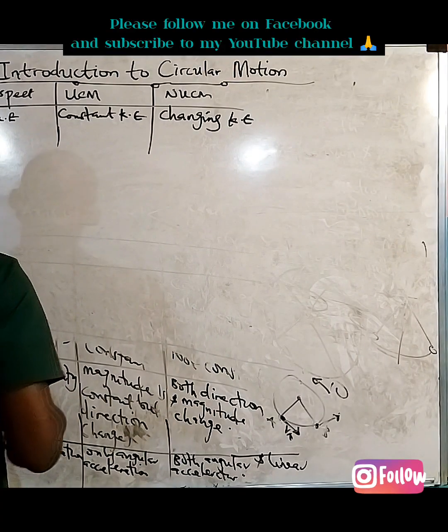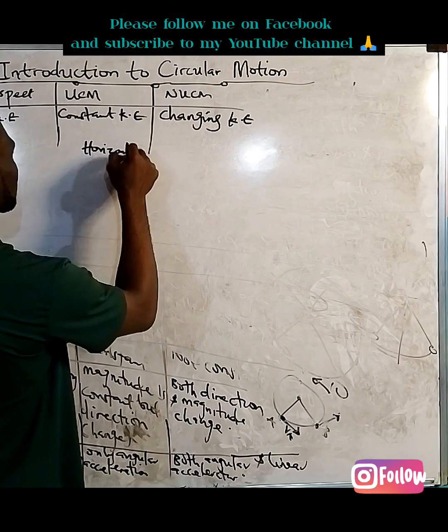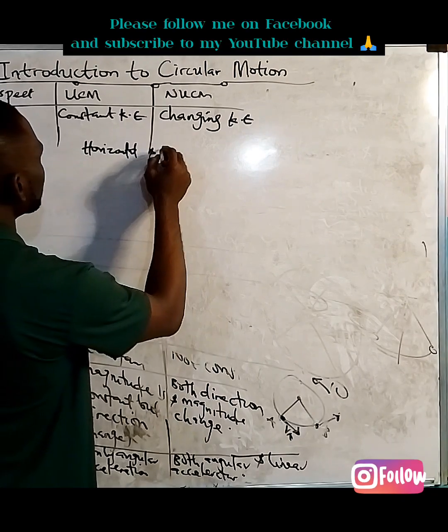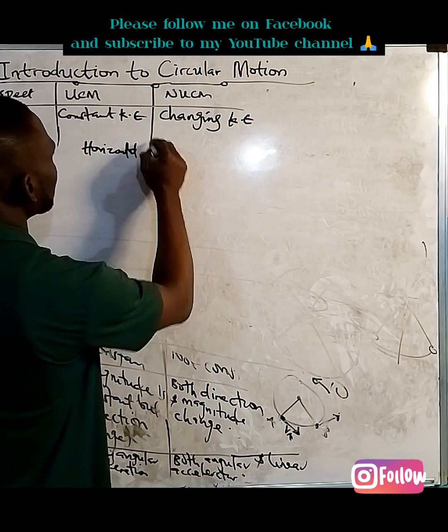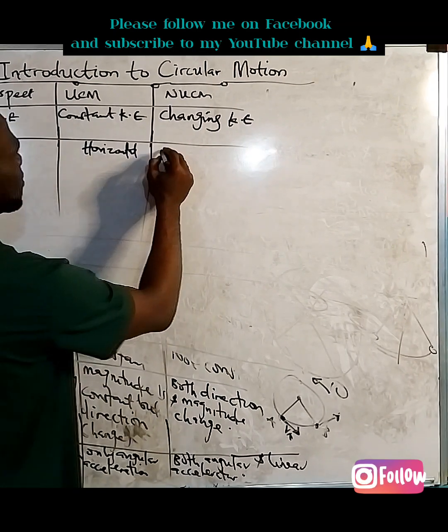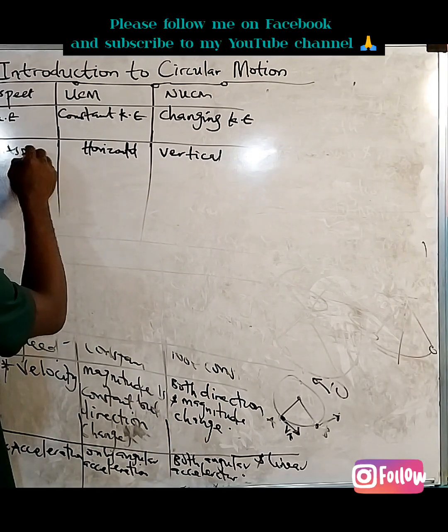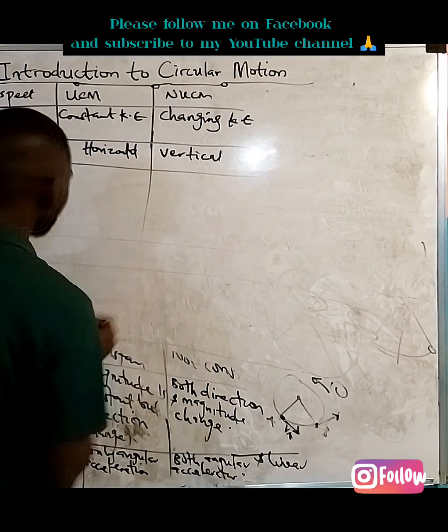So what are the differences between horizontal and vertical circular motion? Let's look at the differences between them, horizontal and vertical.